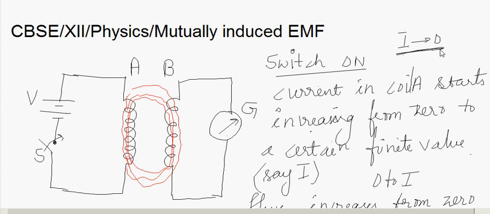So now you can say that the EMF induced in coil B is mutually induced EMF, and EMF induced in coil A is self-induced EMF. So we can conclude by saying that whenever the current in coil A changes, the flux linking with coil B also changes, and an EMF known as mutually induced EMF is induced in coil B.